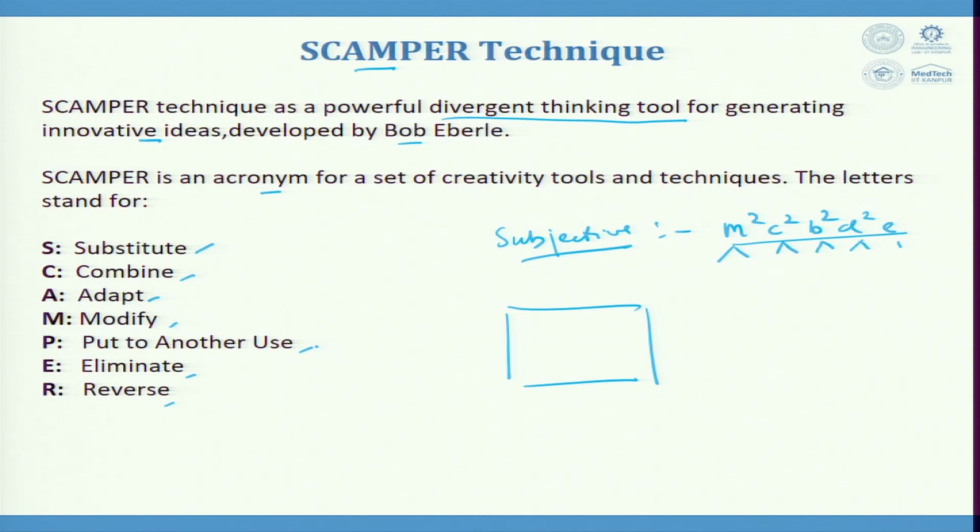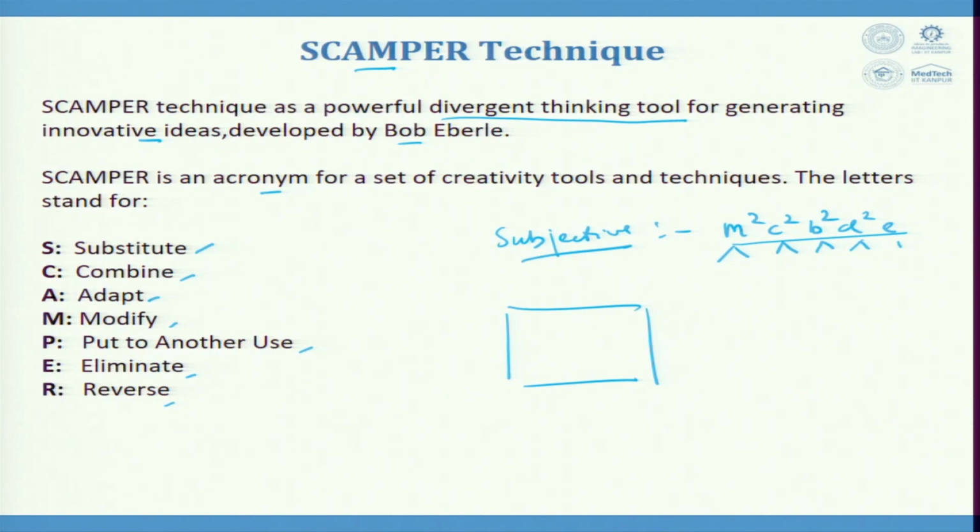Then next is put to another use. I have been using these earbuds. Gentlemen, earbuds are not used for cleaning ears. These earbuds are used for cleaning instruments and keyboards. When somebody used it to clean all these intricate parts, another gentleman came and found out that this earbud can also clean the ear.